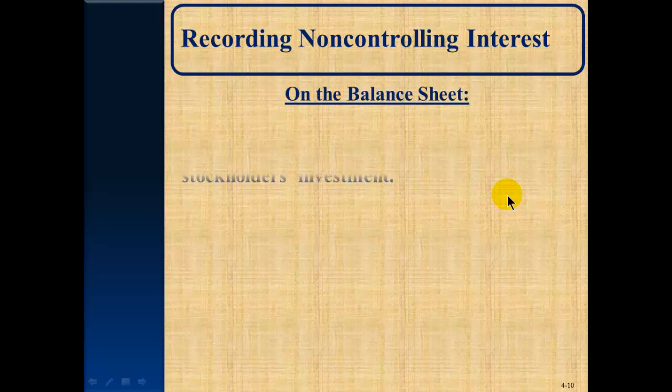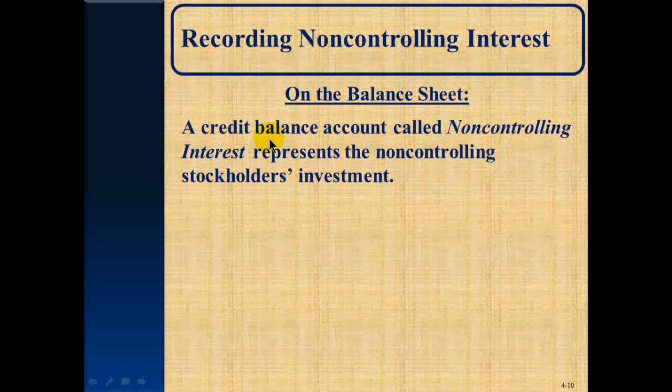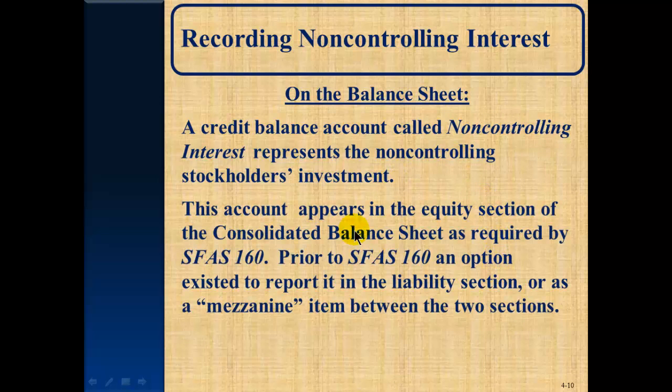Now on the balance sheet, where do you put that NCI? It's a credit balance. Your equity accounts normally have a credit balance, and you'll have a caption in your consolidated worksheet or consolidated presentation called non-controlling interest, and that will represent their investment. This account is in the equity section of the balance sheet. The guidance we have right now is Statement on Financial Accounting Standard number 160.